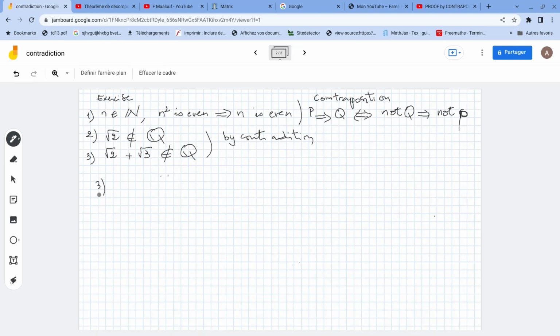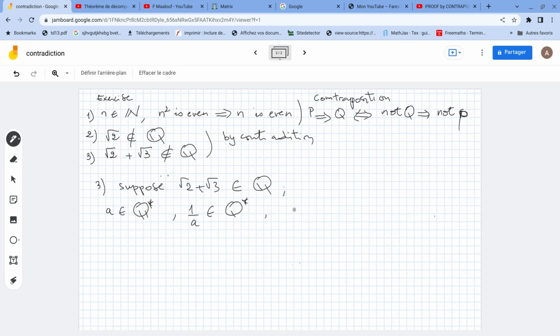Third statement, I use also proof by contradiction. I suppose then that square root 2 plus square root 3 is a rational number. I use a well-known property of rational numbers: if a is a rational number not equal to 0, then the inverse of a is also a rational number.